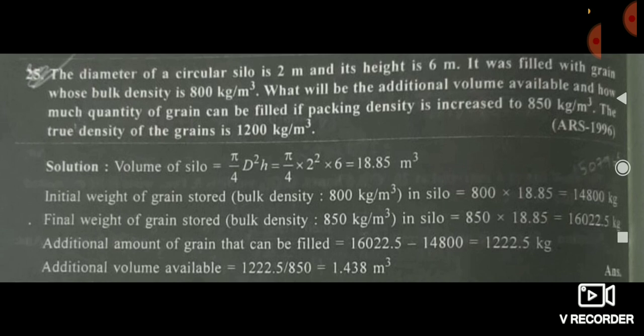And friends, after that you calculate the initial weight of grain, where the initial bulk density is given 800 kg per meter cube. You multiply density and volume, you will get the mass of initial grain stored. In the second case, when the density is increased from 800 to 850 kg per meter cube, you should calculate the final weight.